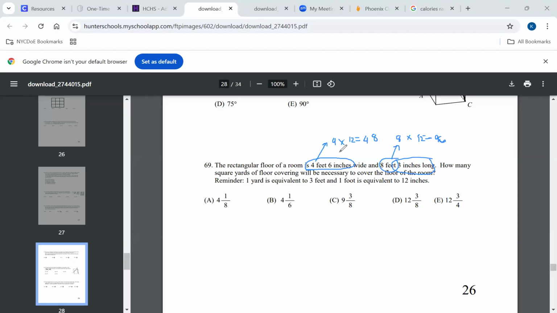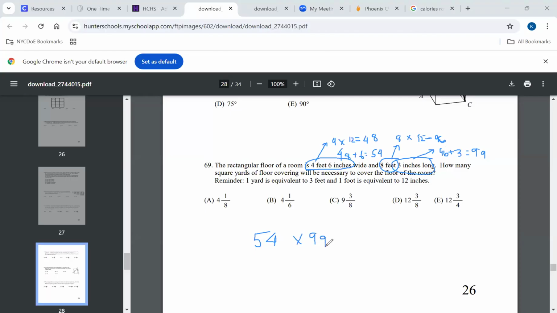In this first one, you were not just left with 48, you have 48 plus another 6 inches, which is 54. And then here, you have 96 plus 3, which gives you 99 inches. So now we have everything in inches. And you know that the rectangular floor is 54 times 99.